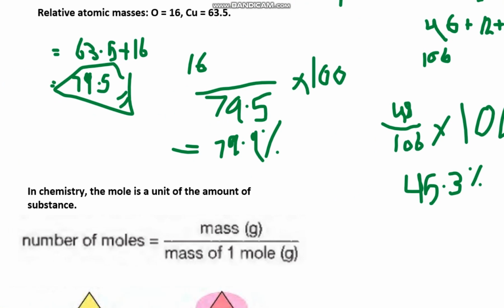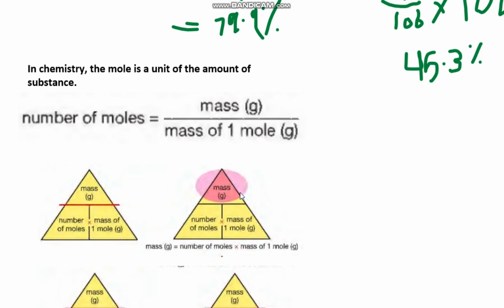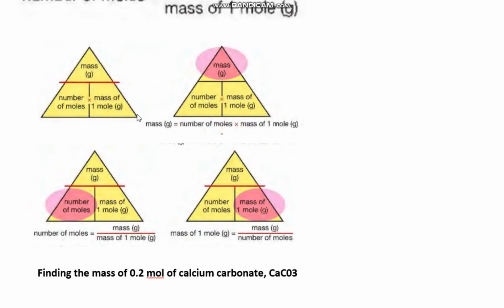In chemistry, the mole is a unit of the amount of substance. The number of moles equals mass over mass of 1 mole. This is how we can put it in a triangle, and mass equals number of moles multiplied by mass of 1 mole. And then the mass of 1 mole equals mass over number of moles.